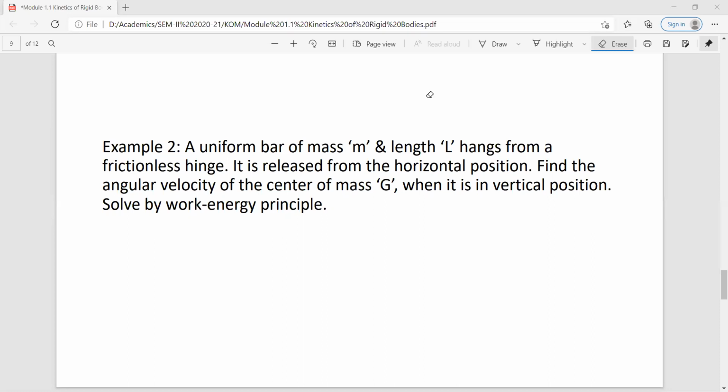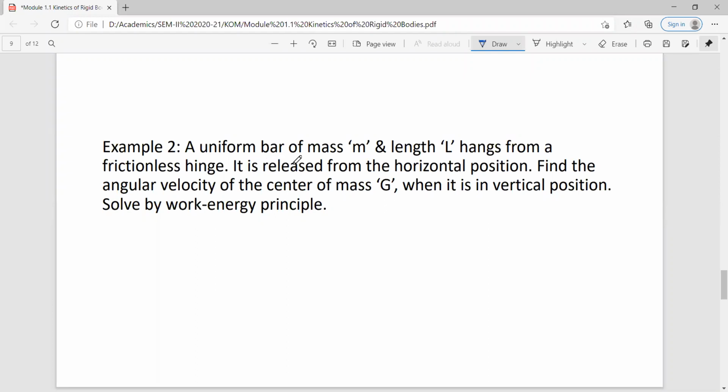So as you can imagine, okay, come to this example that there is a uniform bar, means rod of mass m and length l. It hangs from a frictionless hinge. Hinge means that it hangs from the pivot point, okay.